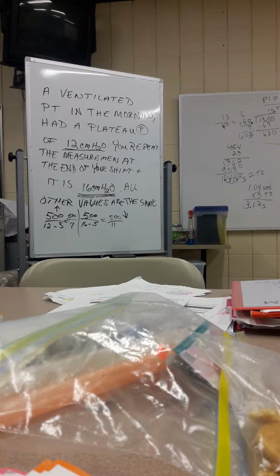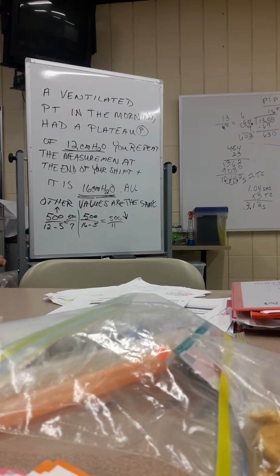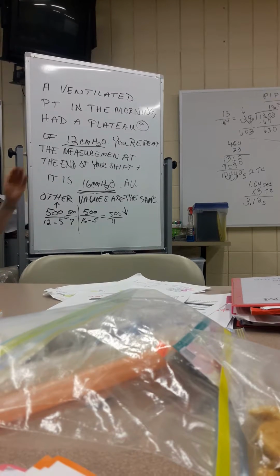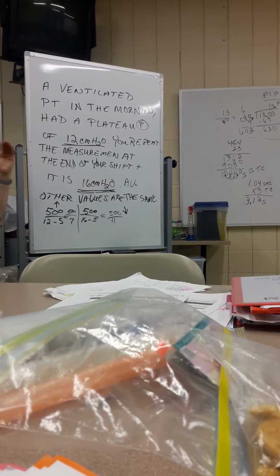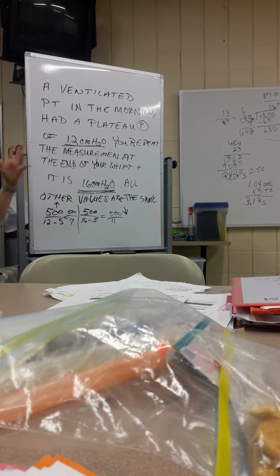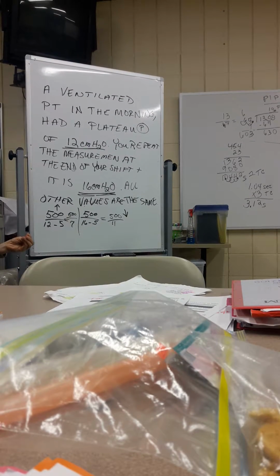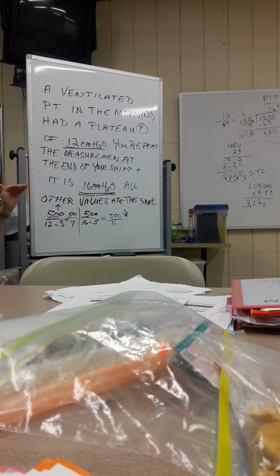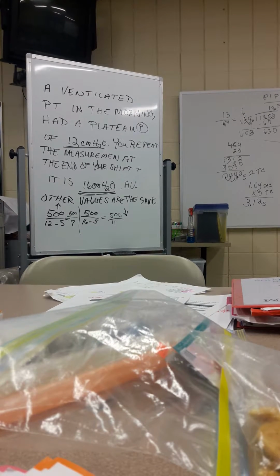The smaller the number for compliance, the worse it is. The bigger the number for compliance, the better it is. 100 milliliters per centimeter of water is a much better compliance than only getting 50 milliliters per centimeter of water, right? So this is where you have to say, well, how am I going to know that?